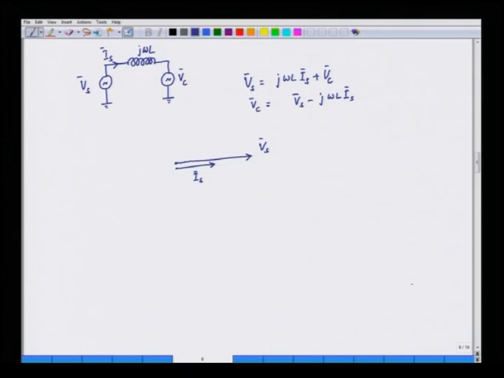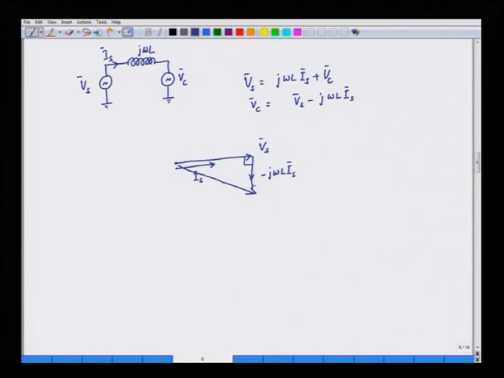So, if we try to see what is j omega L Is, this is basically a lagging quantity. So, we have this quantity, minus j omega L Is, and this is 90 degree, and we can complete this vector diagram.